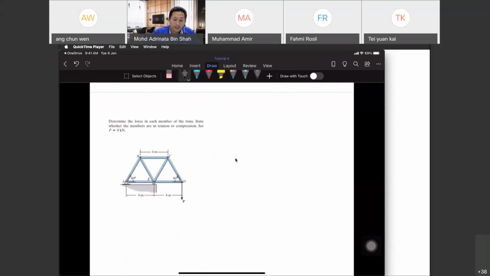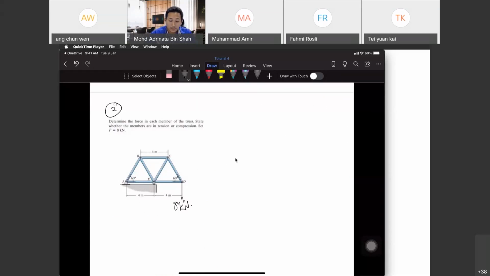This is question number 2. Determine the force in each member of the truss. State whether the members are in tension or compression. So this is 8 kilonewton. E is equals to 8 kilonewton. And then we look at the external force.